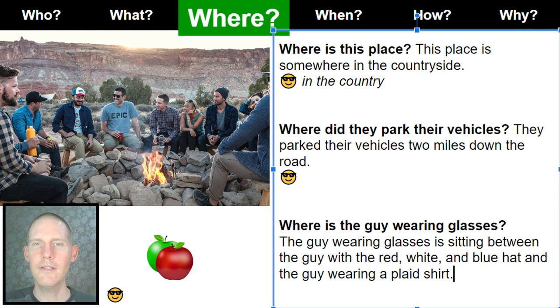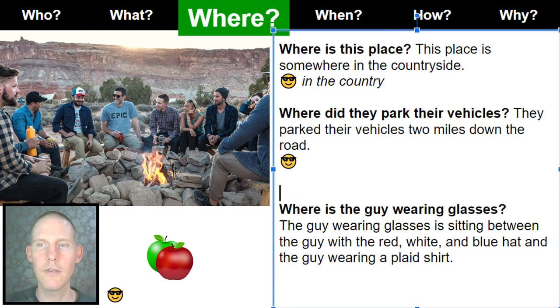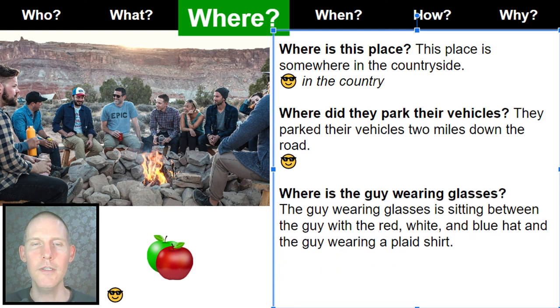Woo! That's kind of a long answer. Let me move some stuff up here so we can figure it out. Right? So where's the guy wearing glasses? The guy wearing glasses is sitting between the guy with the red, white, and blue hat and the guy wearing a plaid shirt. So right here we have the guy in the red, white, and blue hat, and here's the guy in the plaid shirt.